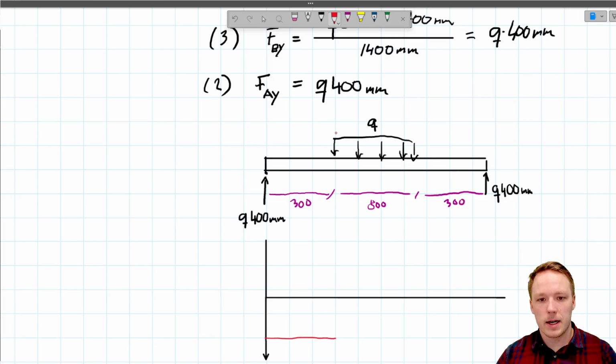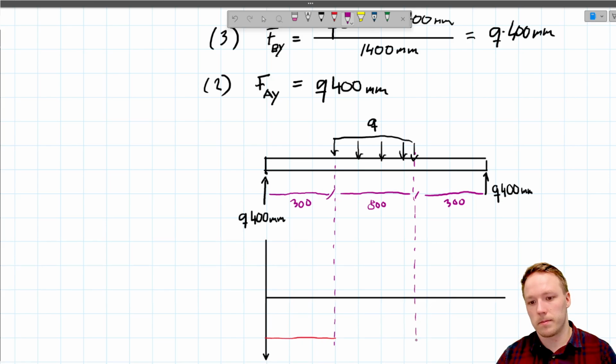It will remain on that level until we reach this point, where we have the start of the distributed loading. From this point forward, the distributed loading is going to be reducing our internal shear force because the force is pointing in the other direction.